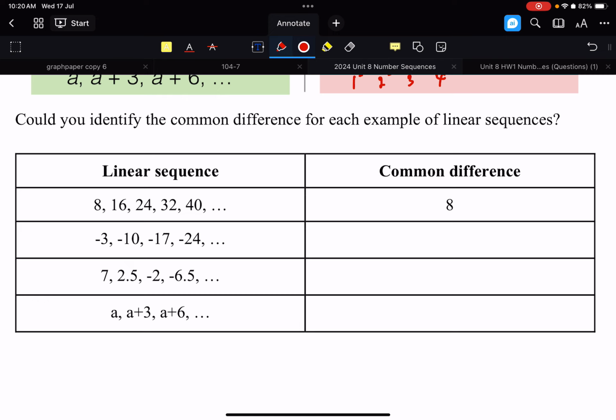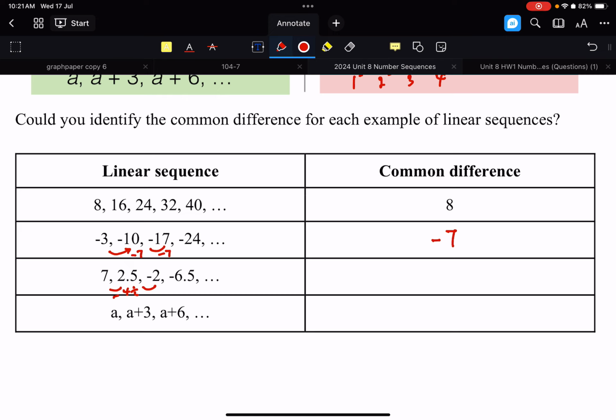And we're back. So if you look at this, you can see that from one term to the next term, we subtract 7. So the common difference here is -7. Over here, we have 7 minus 2.5 is 4.5, and then if we subtract 2.5 from 4.5, we get -2.